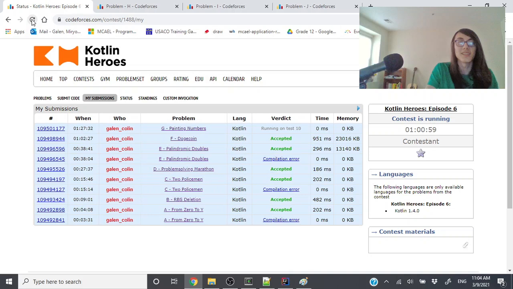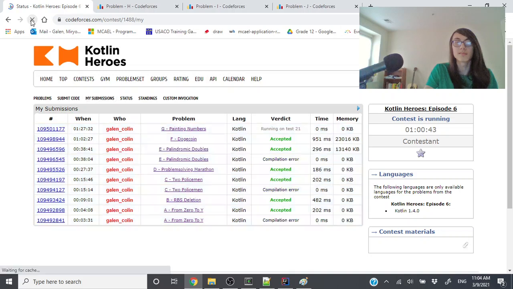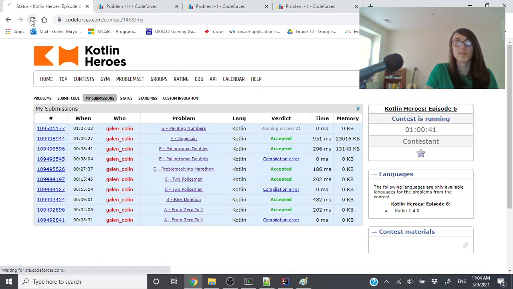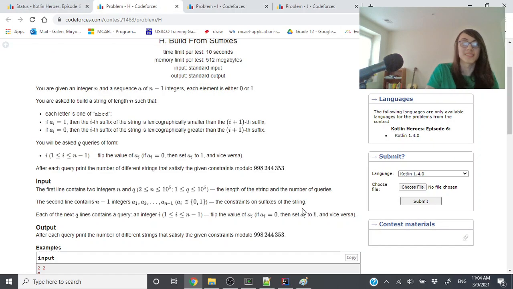Just hope it doesn't TLE. So I should probably check my messages at some point. That would not be a bad idea. Okay, it's getting through a test a second. So I guess it's fine. Actually, I could have tested it on custom invocation. That would not have been a hard thing. But if we're at 26 tests, it probably passes, so we're good.